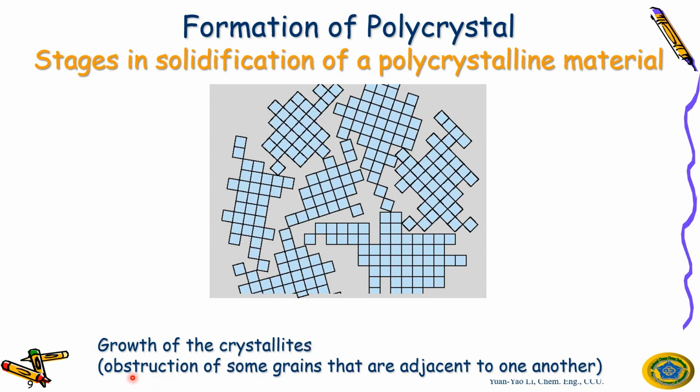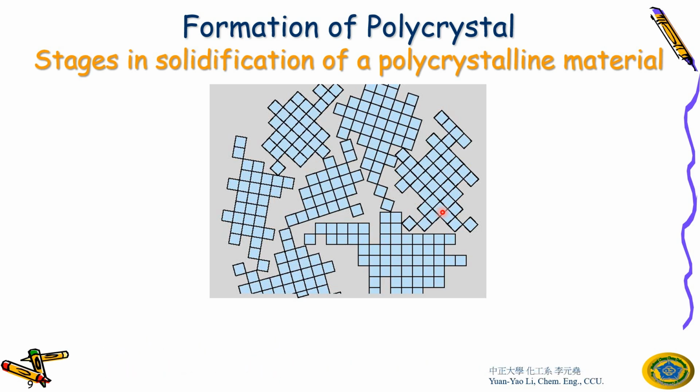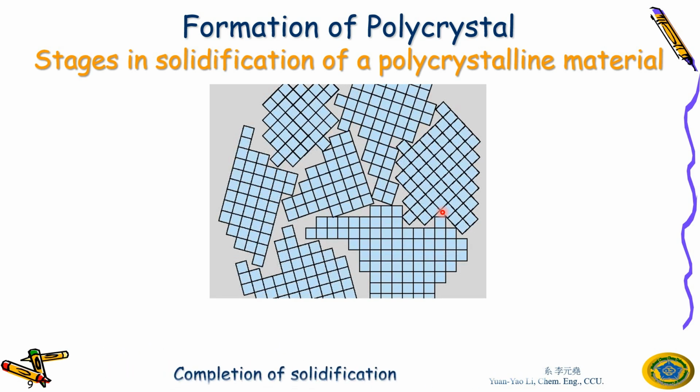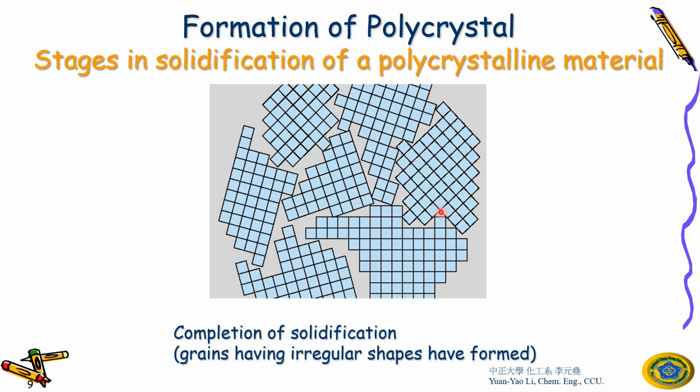So there is obstruction between some grains that are adjacent to one another. When they touch each other, it's not perfect. The crystal will grow from this side, and the crystal will grow from this side. Of course, they have different directions. So in the end, they will have a kind of dead space in between. And even more, if you increase more, as a result, it becomes like this.